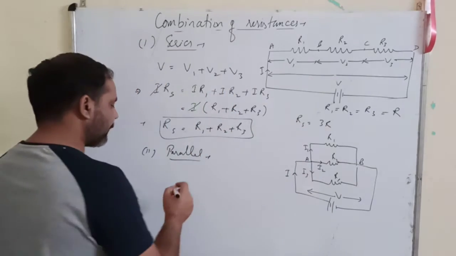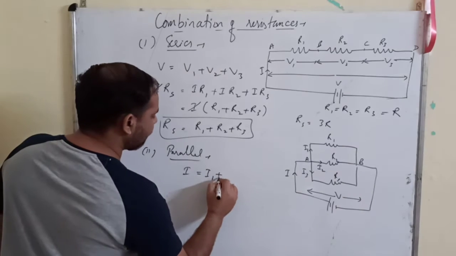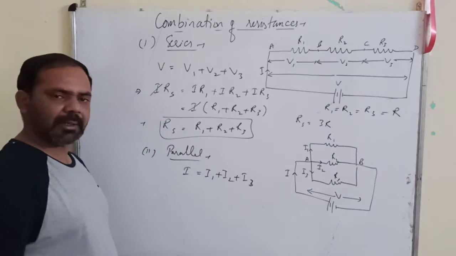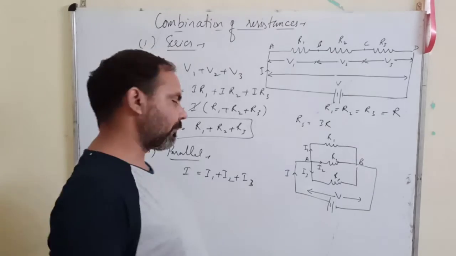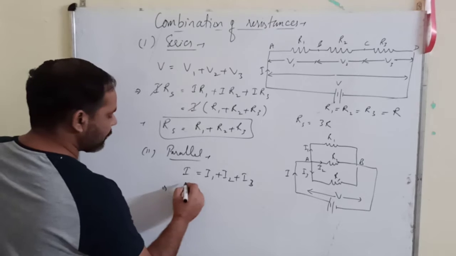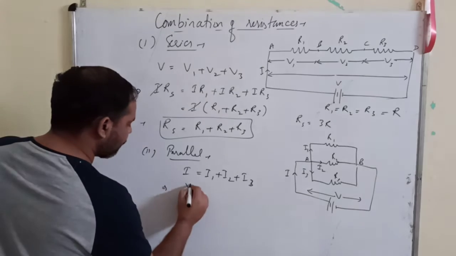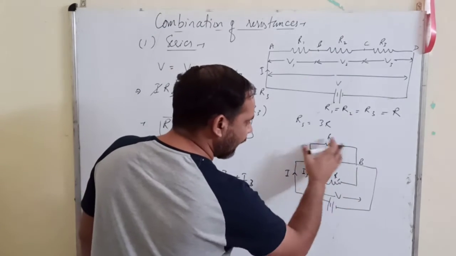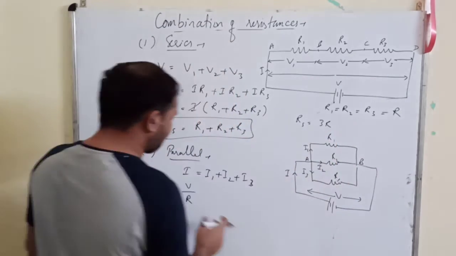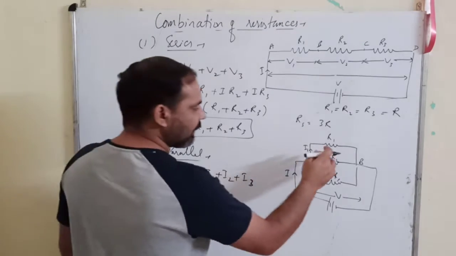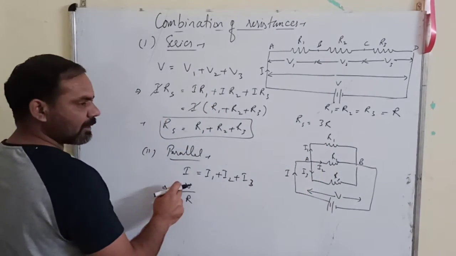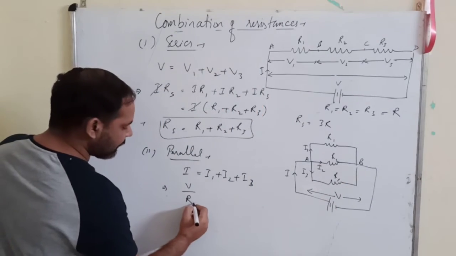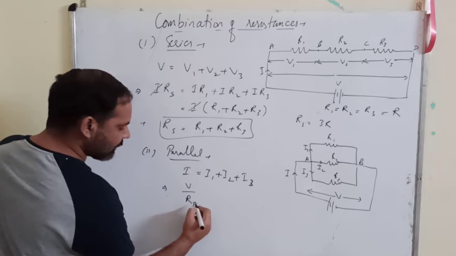Now here simply I is equal to I1 plus I2 plus I3, because current is a scalar quantity, so simple algebraic addition. V equals IR, so I equals V upon R. V is the total potential difference applied by the battery across the combination, and R is the resistance of the combination, that is RP.